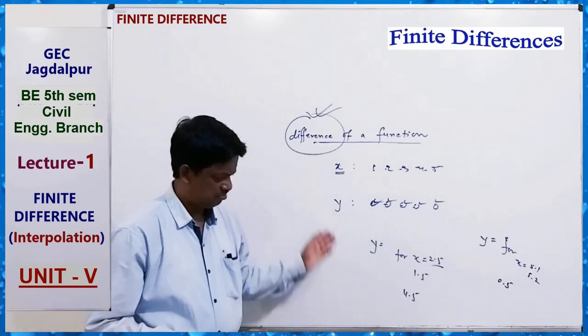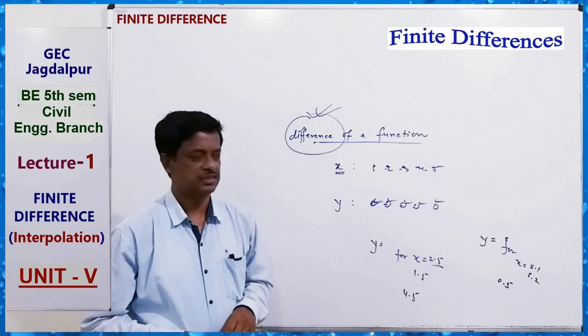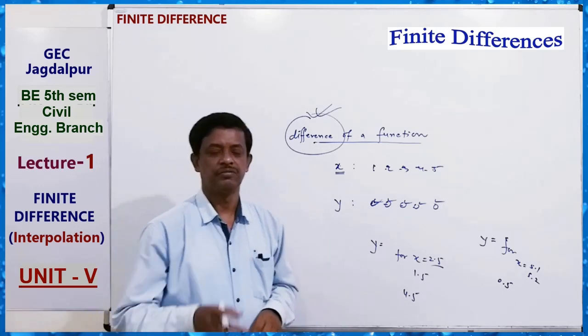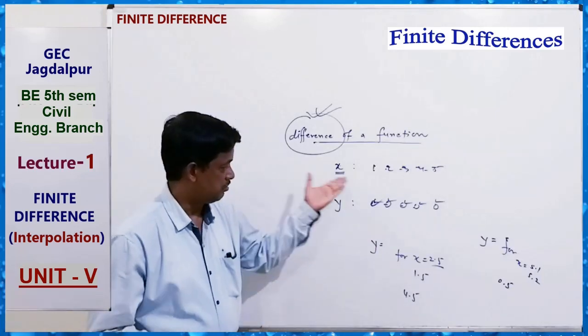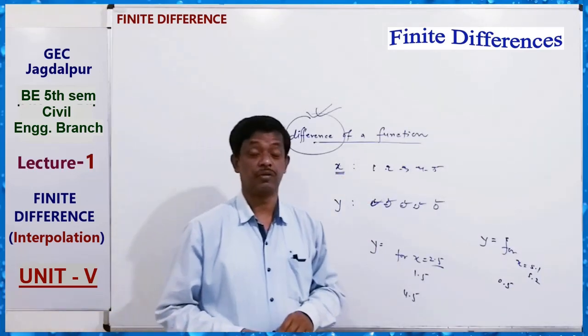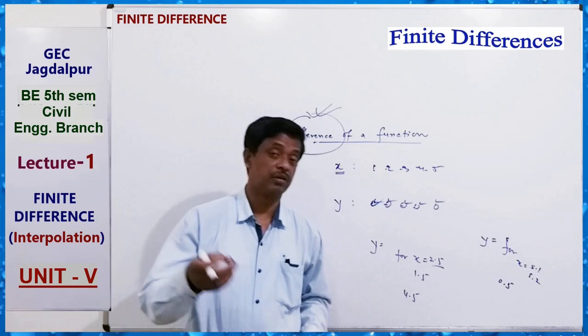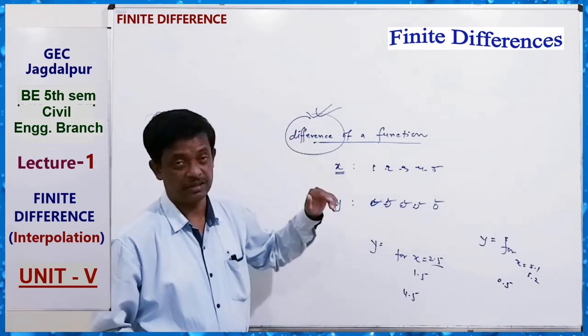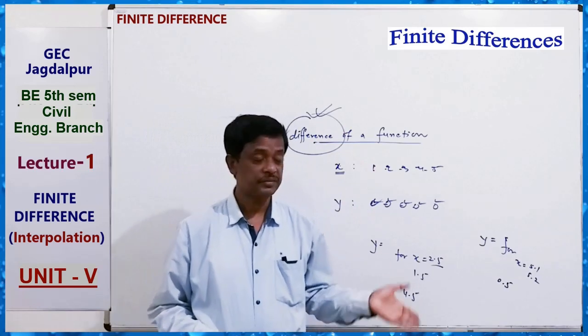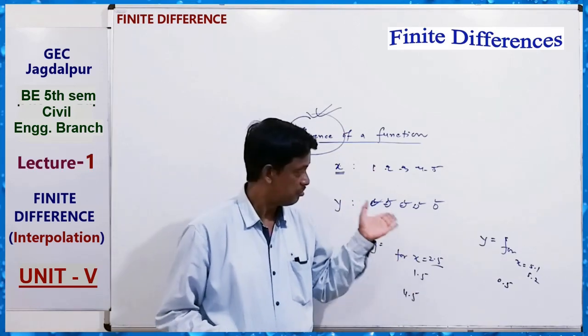There are many formulas. We will discuss four or five: forward formula, backward formula, Stirling's formula, Bessel's formula. All the formulas depend on difference, and these formulas are used for interpolating the values of functions.